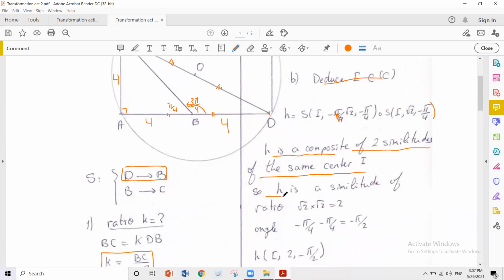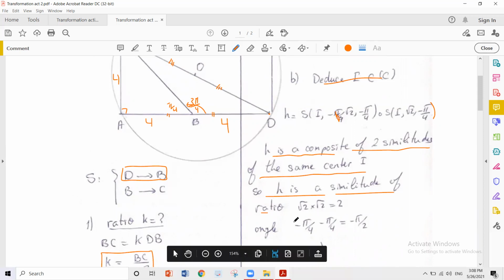So H is a similitude of ratio radical 2 times radical 2, and the angle is the sum of the angles, minus pi over 4 minus pi over 4, which is minus pi over 2.